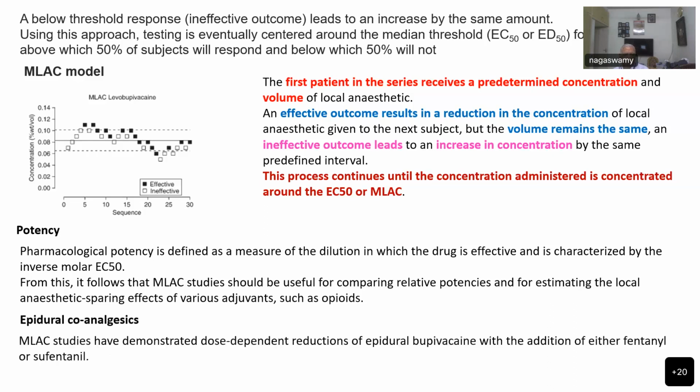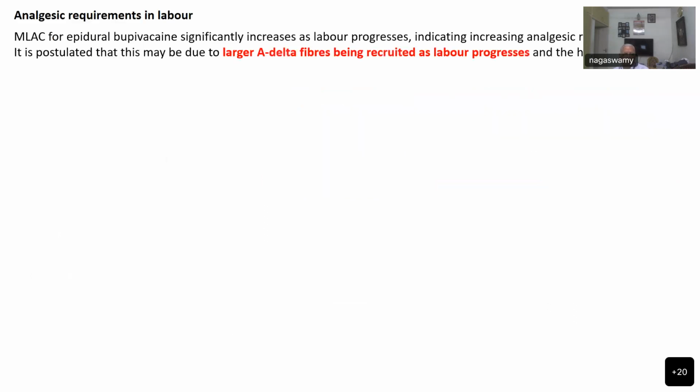And epidural co-analgesics also have been added, as I said earlier, with fentanyl or sufentanil. The analgesic requirement in labor was the main concept by which this concept of local anesthetic concentration reduction came. So MLAC for epidural bupivacaine significantly increases as labor progresses, indicating that analgesic requirements are variable.